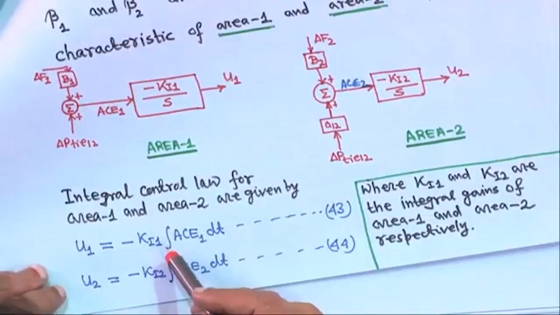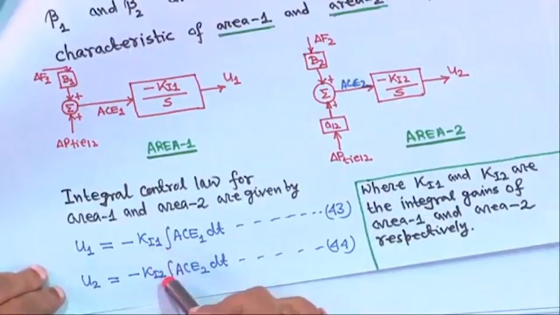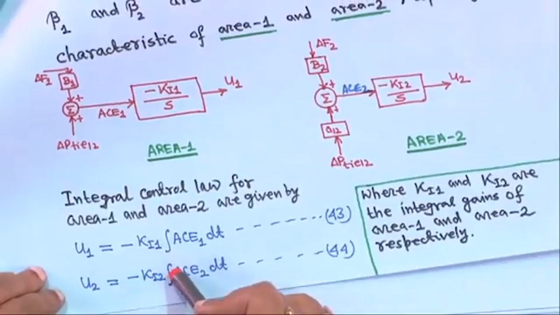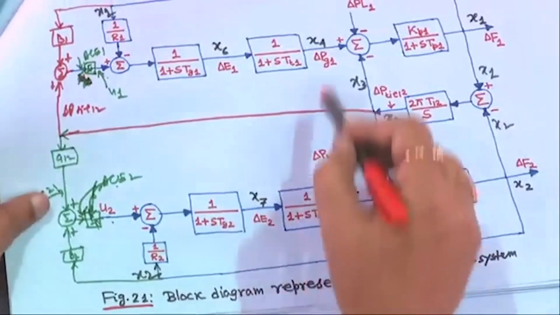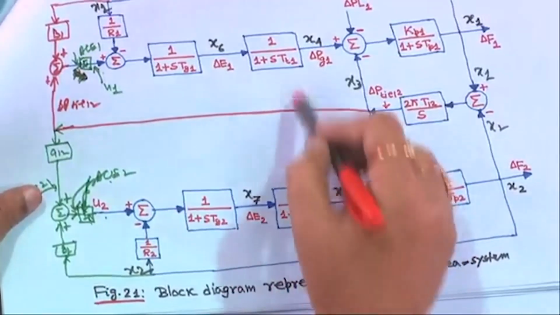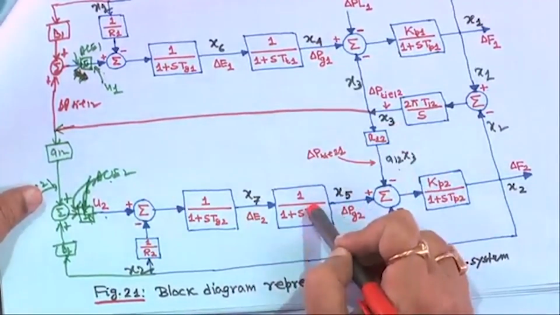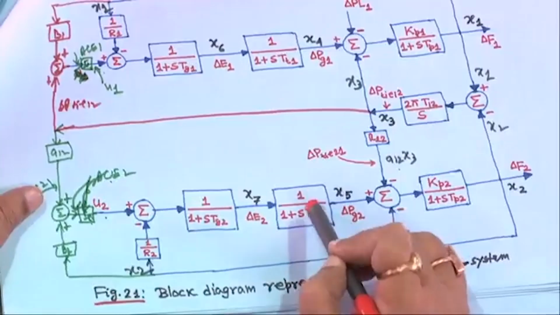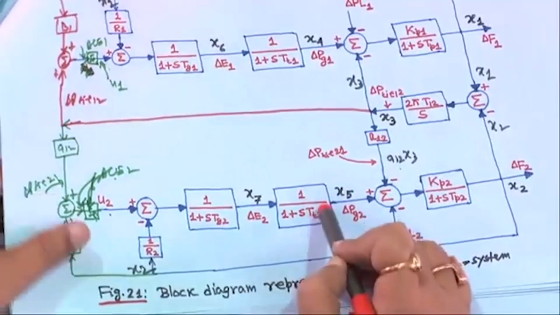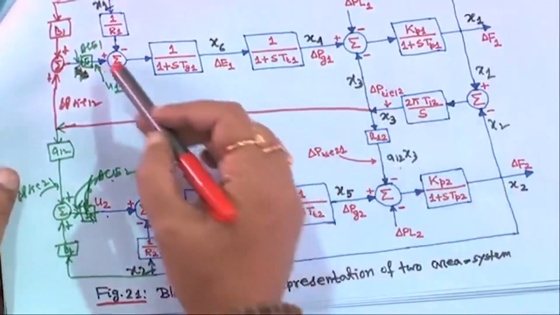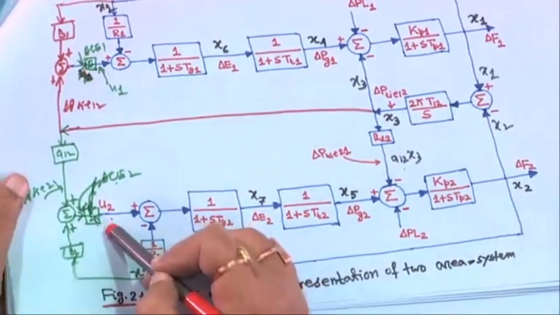If we take the integral square error technique also, because it is an equal area system, that means both the areas have the same rated capacity, and a12 is equal to minus 1. Then the gain settings also Ki1 is equal to Ki2 is equal to Ki.